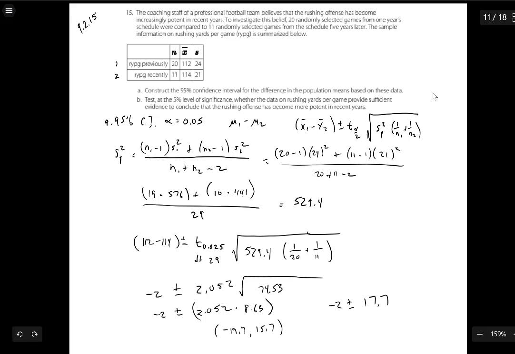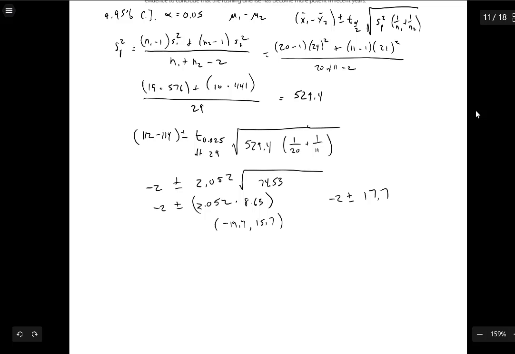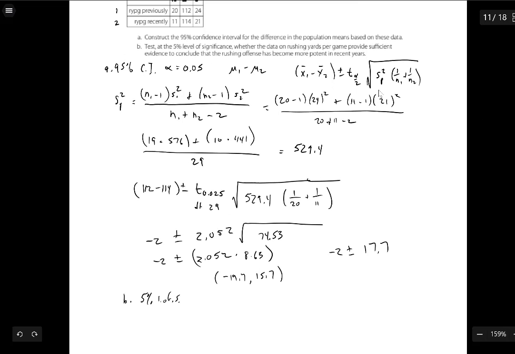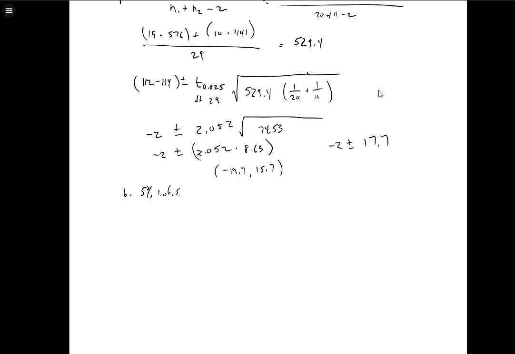So for B, we're going to do a 5% level of significance test to examine whether the data on rushing yards per game provides sufficient evidence to conclude that rushing offense has become more potent in recent years. Just so my brain is working on this one the way I want it to be, I'm going to do mu2 minus mu1, instead of the 1 minus 2, which we did up here, because we're trying to look at the recent years.